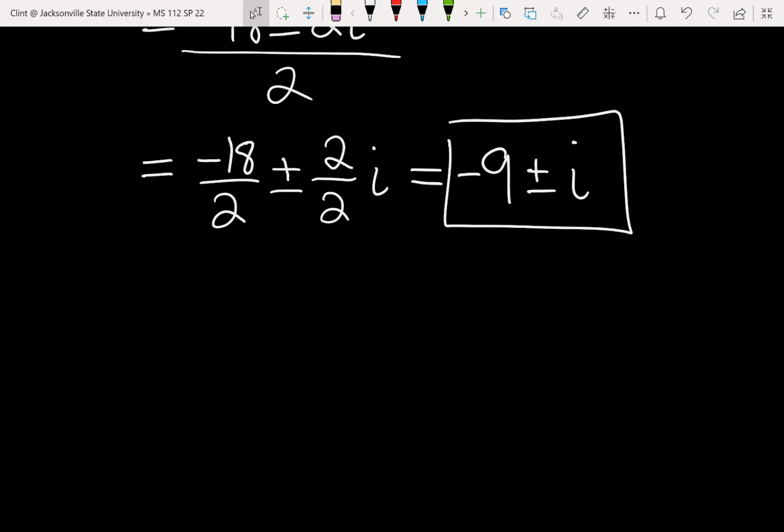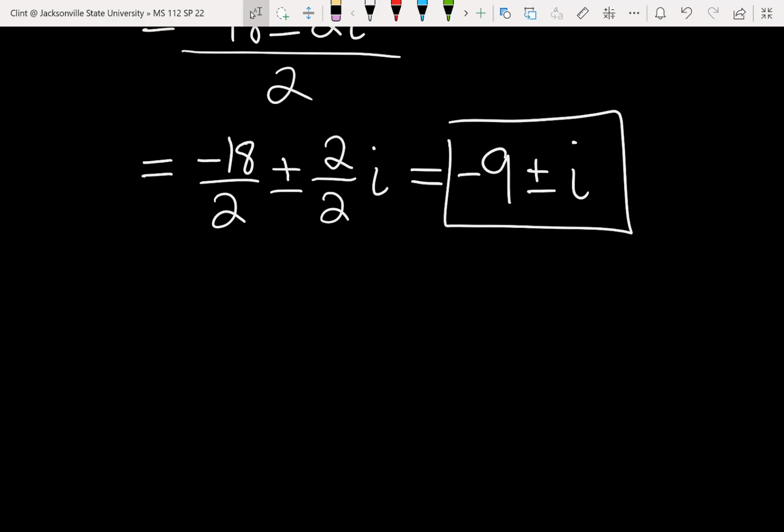So far, the methods we've talked about: if you have a perfect square on one side, like the first one we did where we just had x squared equals something, you can take the square root of both sides. Just remember plus or minus. If you can get the thing equal to 0 and then factor the other side, you can set each factor equal to 0 and solve each one of those equations. Or you can use the quadratic formula like we've done these last few.